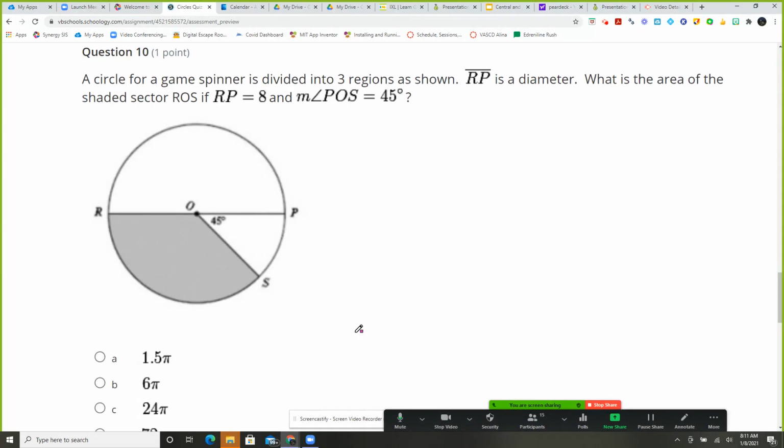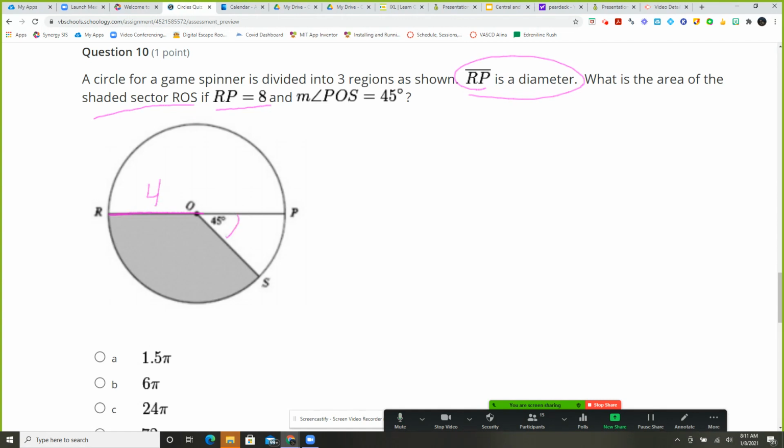The circle for a game spinner is divided into 3 regions as shown. RP is the diameter. What is the area of the shaded sector? RP is 8. So if RP is a diameter and RP is 8, what's the radius? 4, absolutely.